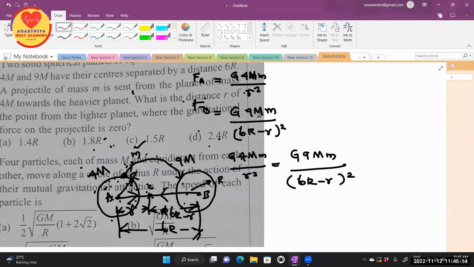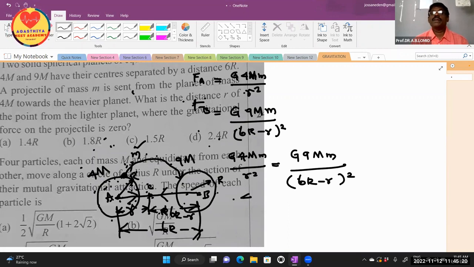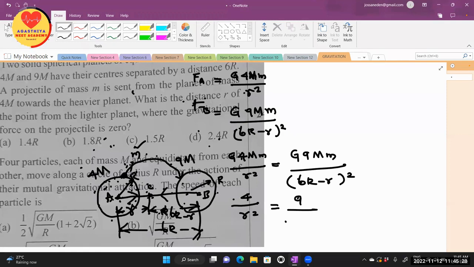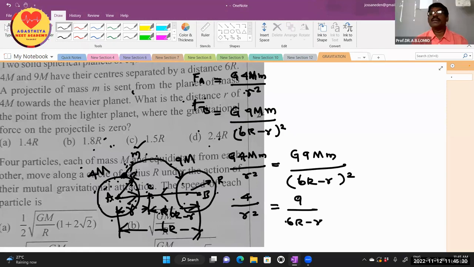Okay, now G cancels, capital M small m cancels. So on the left-hand side, numerator 4, denominator r squared. Right-hand side, numerator 9 by (6r minus r) whole square.